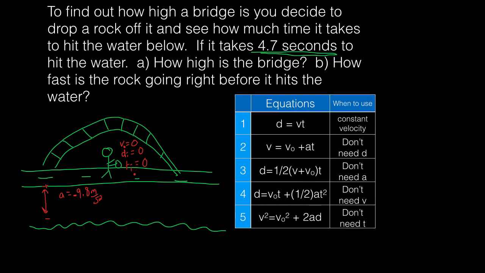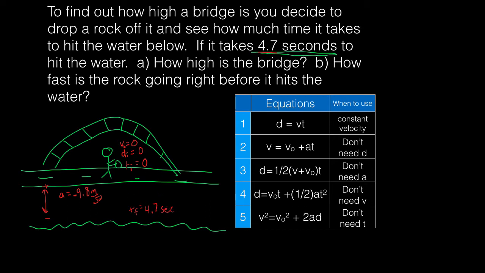Okay, and so let's list some other things that we know about this problem. Time final, when the rock hits the water, it told us in the problem that it took 4.7 seconds for that to happen. So we already know that, 4.7 seconds.